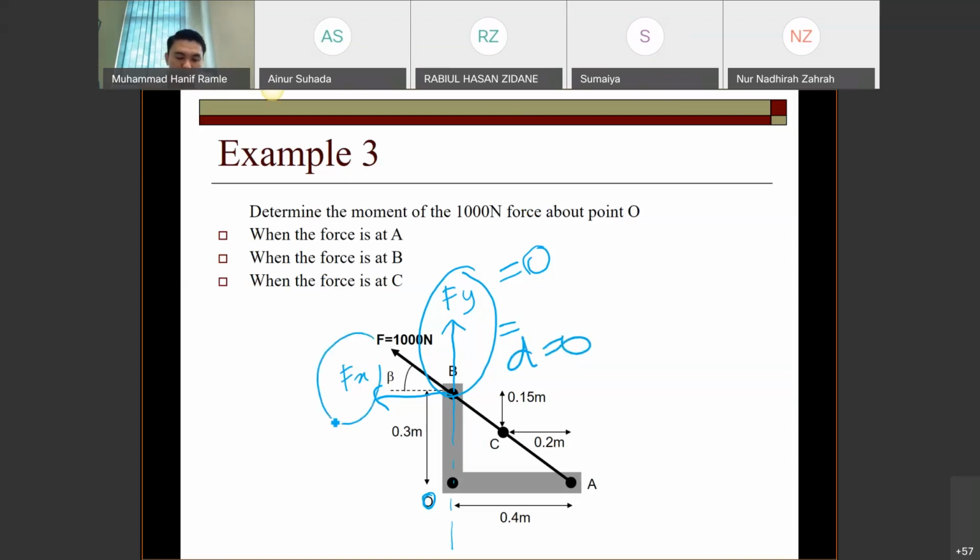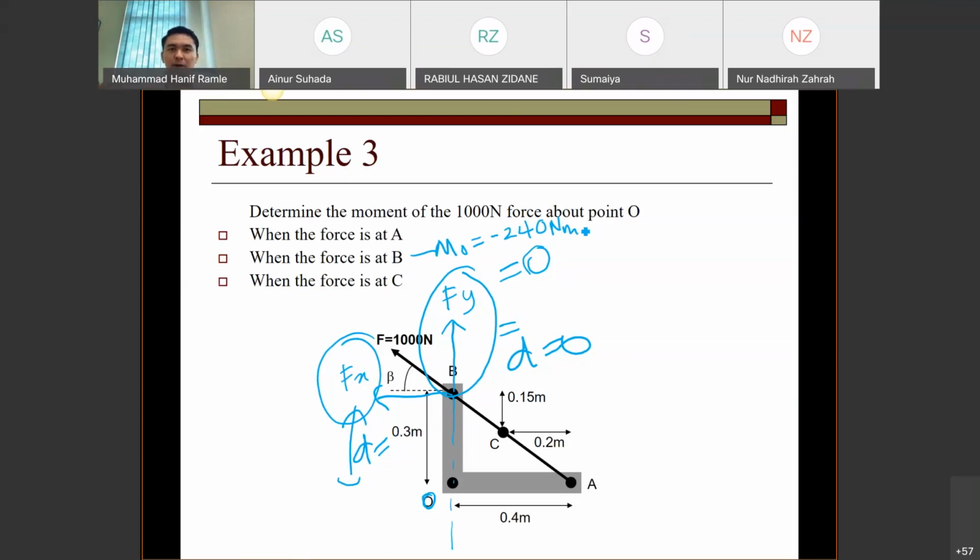So we have only Fx and the D. The D is 0.3. So you will get a similar answer for the moment. If you put the force at point B, the moment will be similar, minus 240 Newton meter.